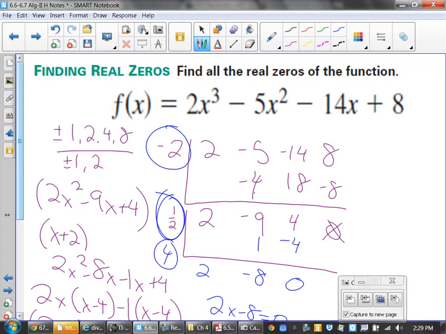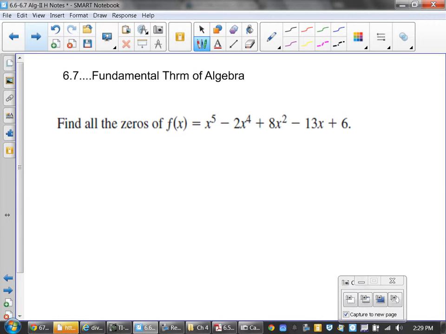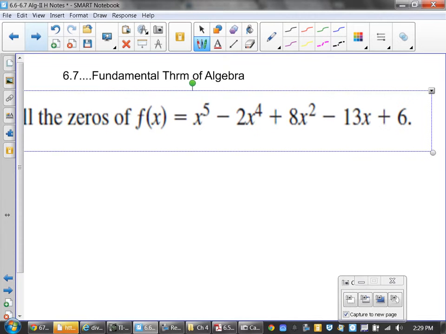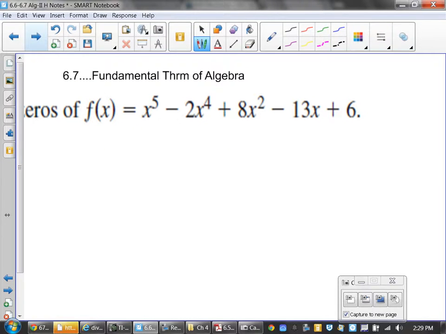Because it makes everything so much easier when it gets to this. Notice my degree now. It's a 5. I'm going up to a 5th degree polynomial. So that means you can have up to 5 zeros.